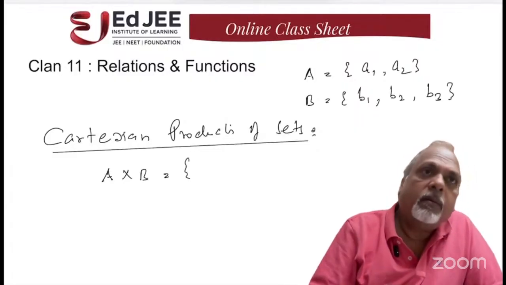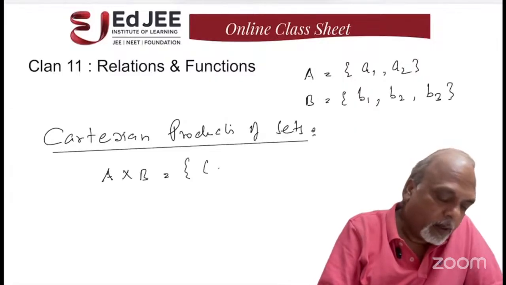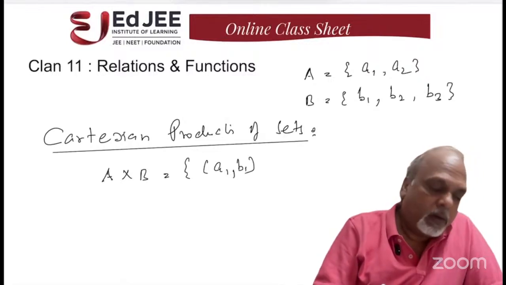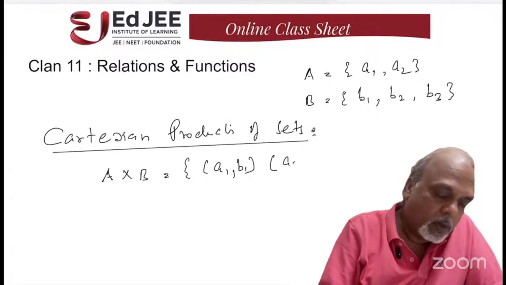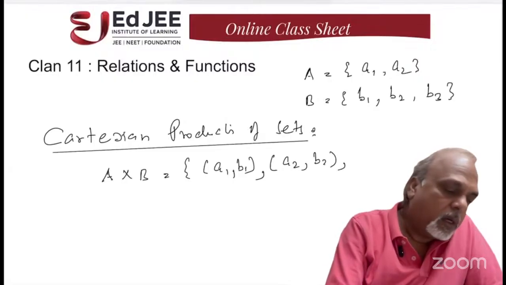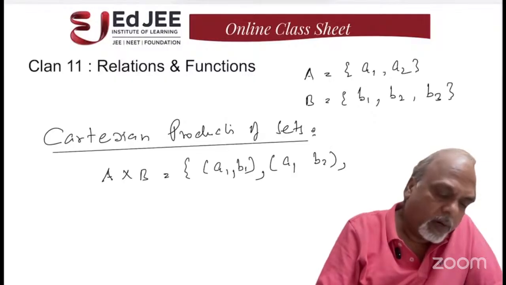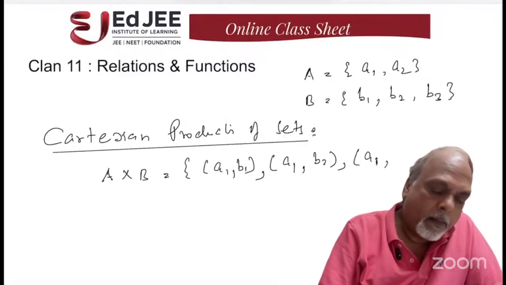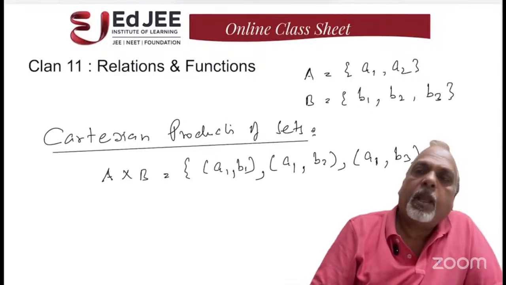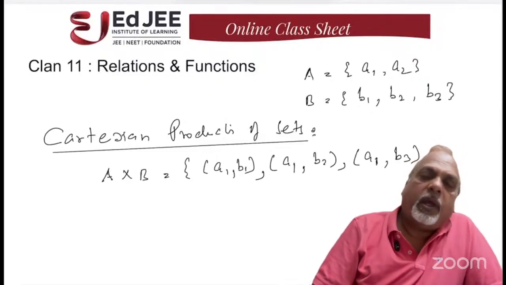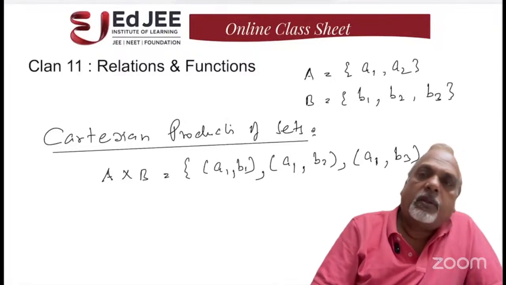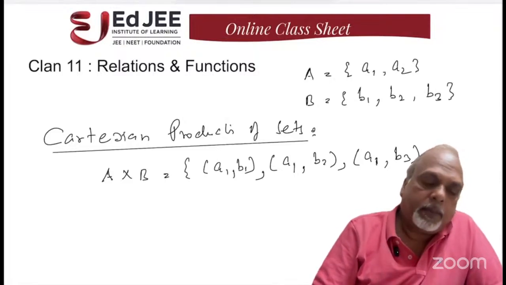First of all, let us take A1. A1, B1, A1, B2, A1, B3. So with this first element of A, that is A1, these ordered pairs with the elements of B is complete. Correct?